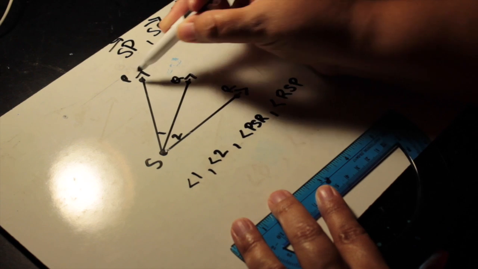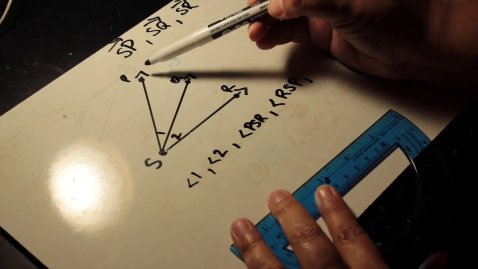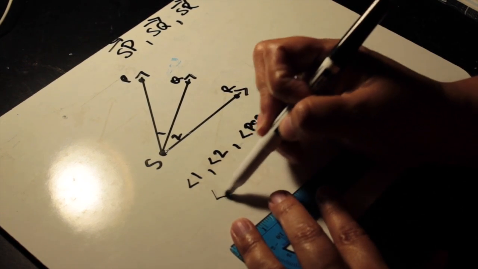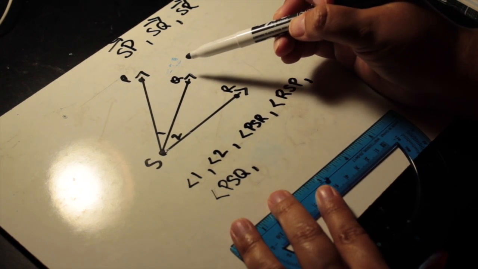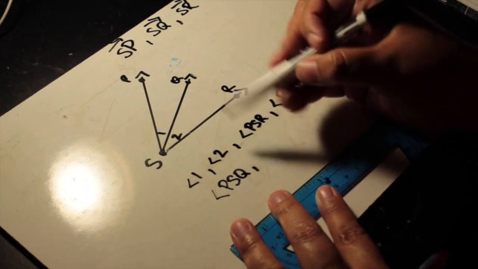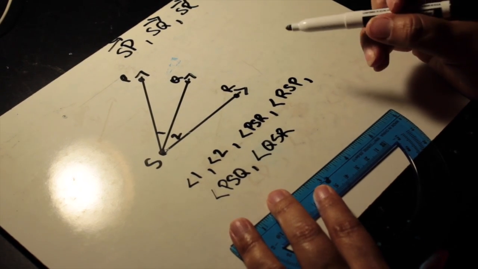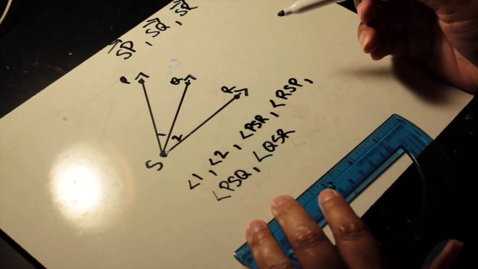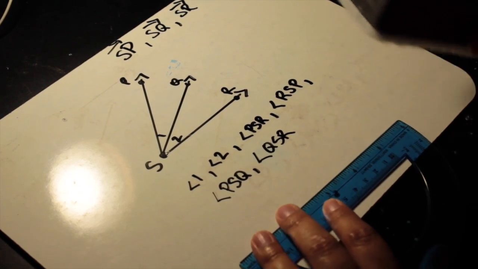As long as there are 3 points, you can use the 3 points. You can also do the smaller angles, angle PSQ. You could also do angle QSR. I think that's enough. It only asks for 3 angles in the diagram, and I think we did 6, so that's good enough.